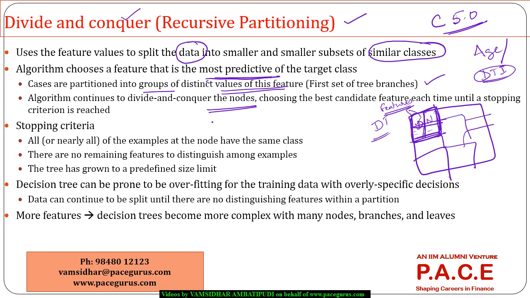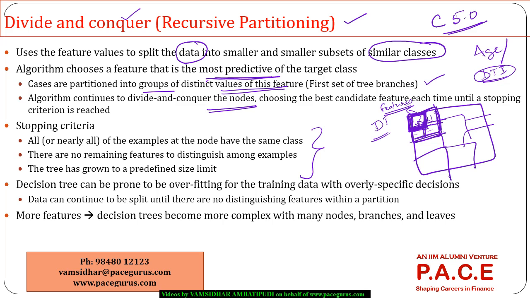Every node is again broken down until I get a subset in such a way that the majority of the cases in this particular subset all belong to the same class. There are three different kinds of stopping criteria that we generally talk of.